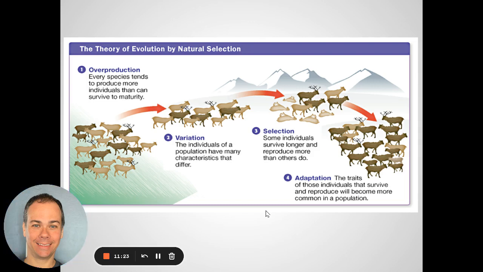When there is selection, and some of them are going to survive and some are not, the ones that happen to have the most helpful and most beneficial characteristics are going to be the ones that survive. And when they do and reproduce, they're going to pass on those traits to the next generation. So in this diagram, it appeared that having these darker fur colors was somehow an advantage.